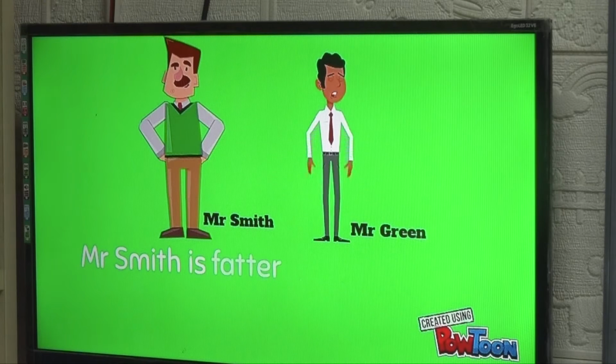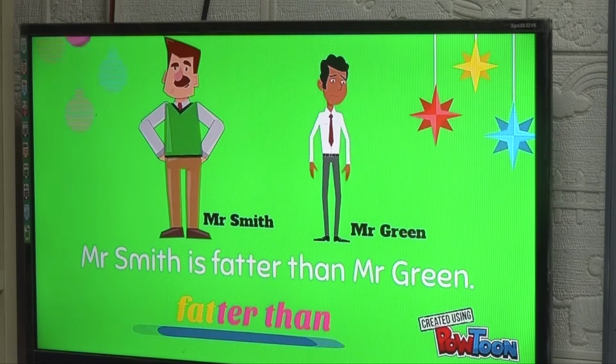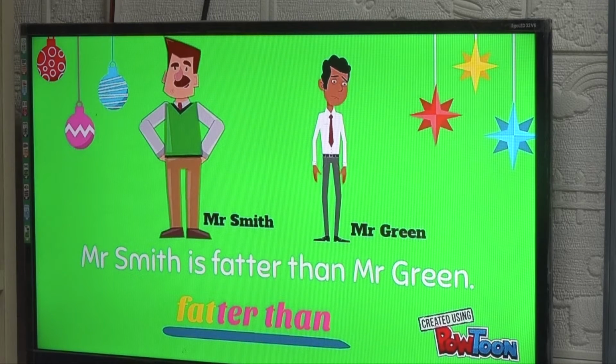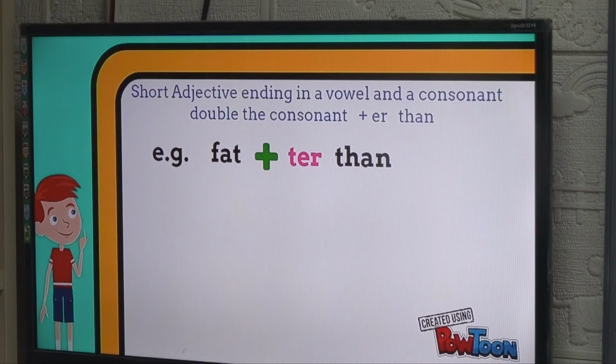Mr. Smith and Mr. Green. Mr. Smith is fatter than Mr. Green. Fatter than. Alright.